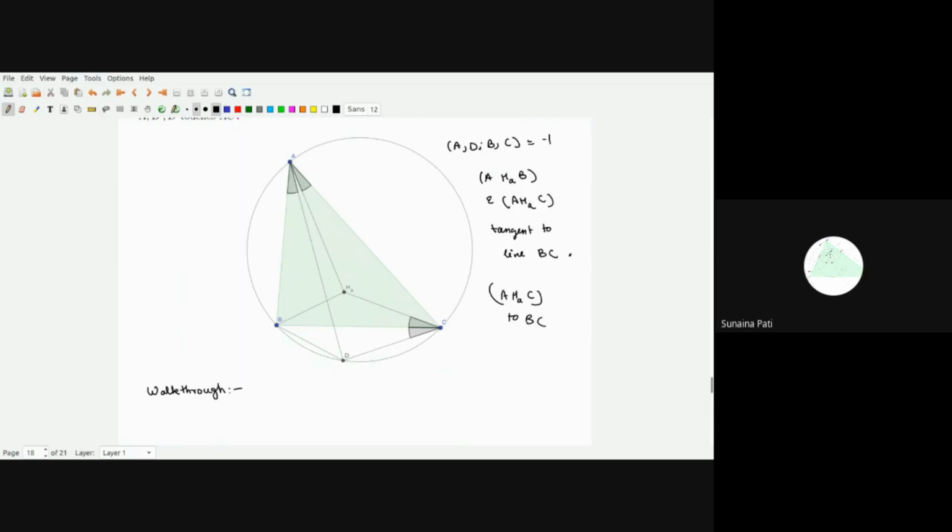I'll wait for some more time if that's fine with other people. Okay, so it's basically what Siddharth says, so I'll just write Siddharth's proof.